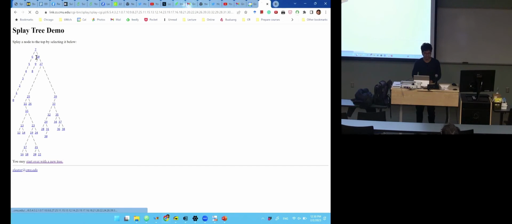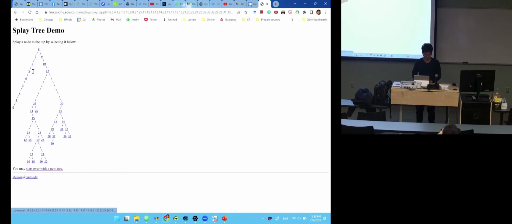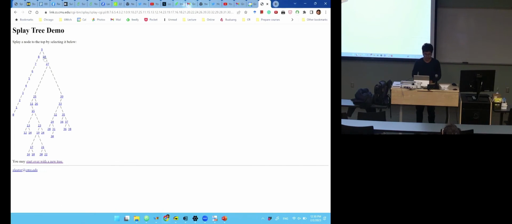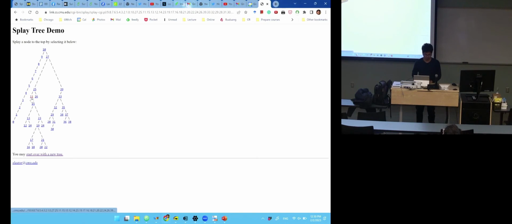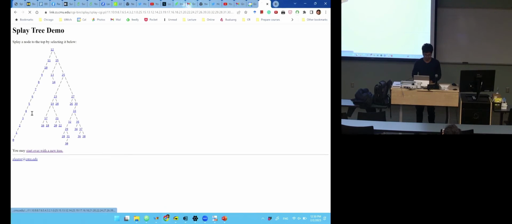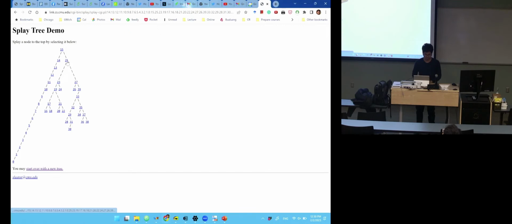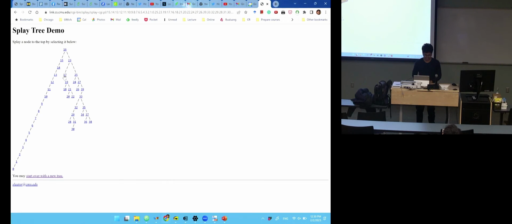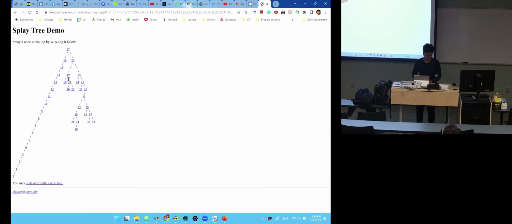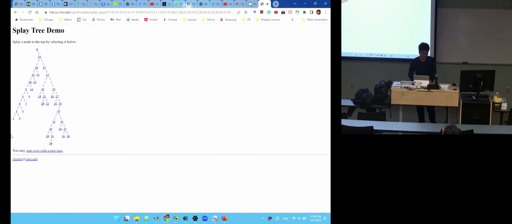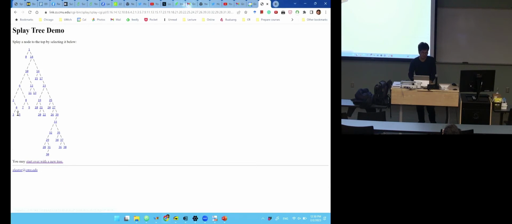And you actually can create this scenario just by doing sequential access like this, making the tree bad as fast as possible. It takes a lot of effort to make the tree bad. But if I go to this guy and click, then the tree becomes good pretty quickly again. So yeah, that's how it is.